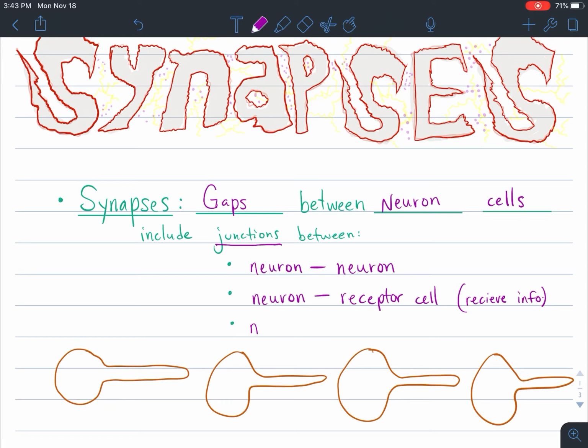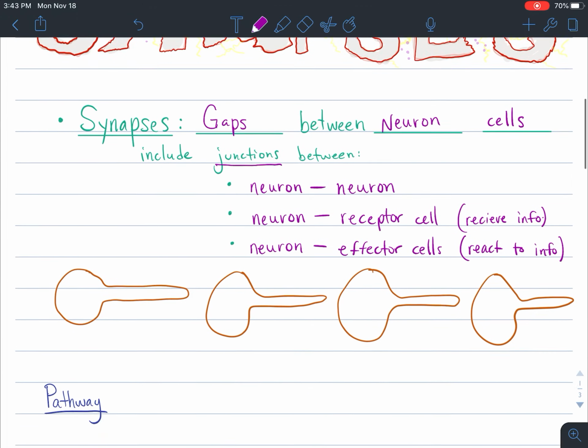Or we can also have gaps or junctions between neurons and effector cells. Effector cells are the ones that react to info. So maybe that's your muscles that contract to pick something up, or relax in order to drop something.